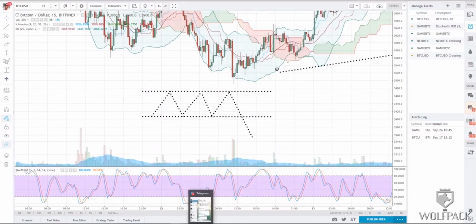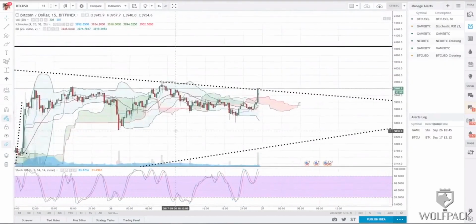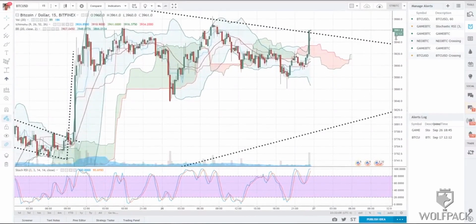And I believe the next thing was the ascending triangle, which I already discussed with you guys before. In crypto, this was an ascending triangle for Bitcoin.